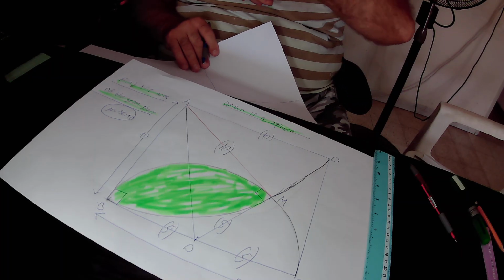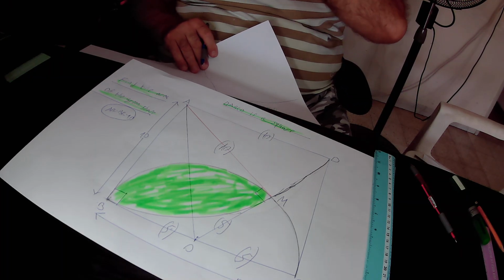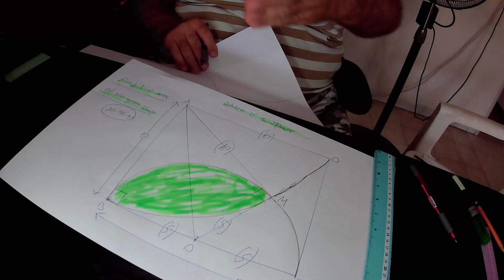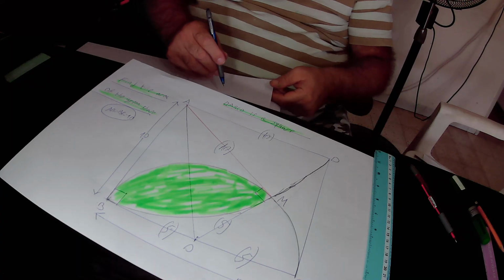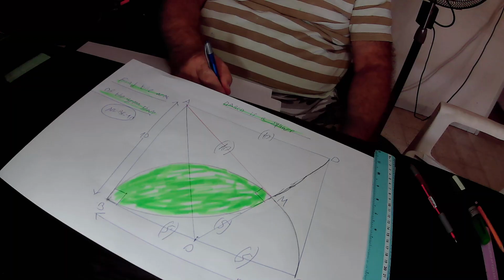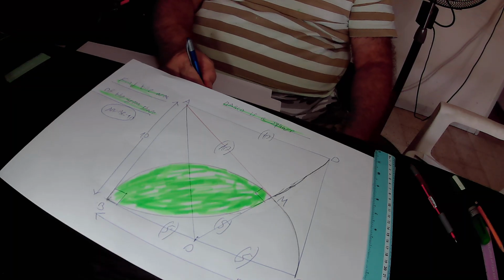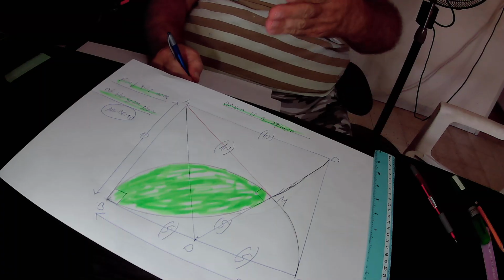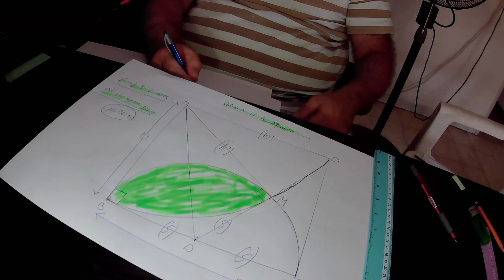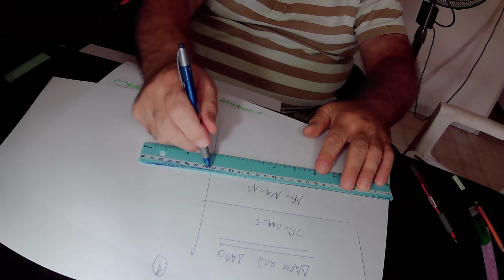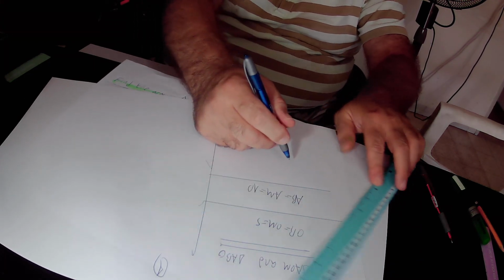They are both the radius of the quarter circle, which is equal to 10, and therefore they are equal to each other. And again, AB equals AM equals 10.